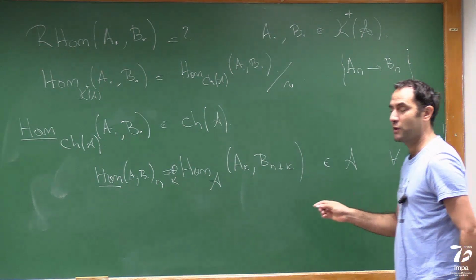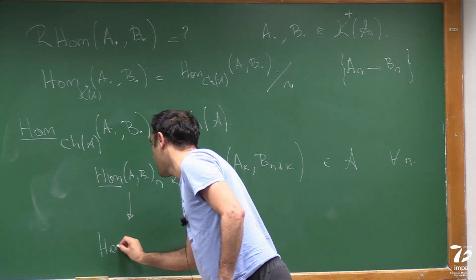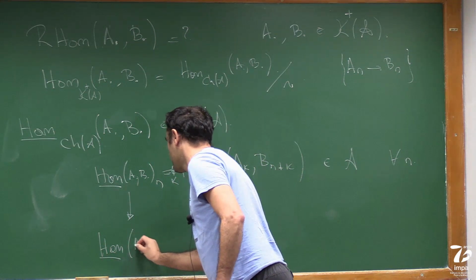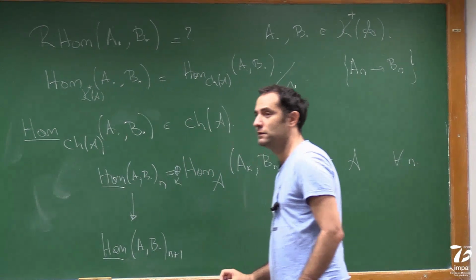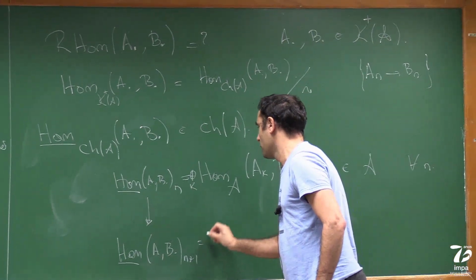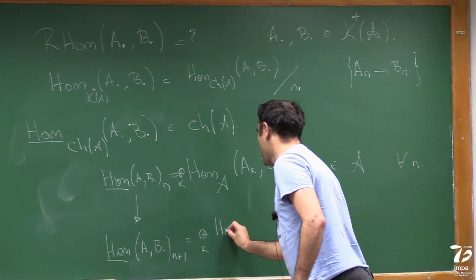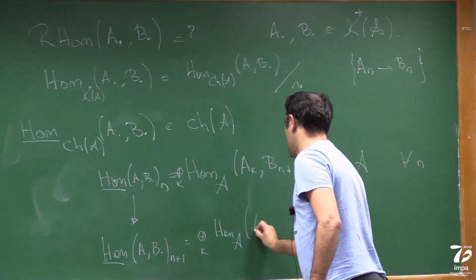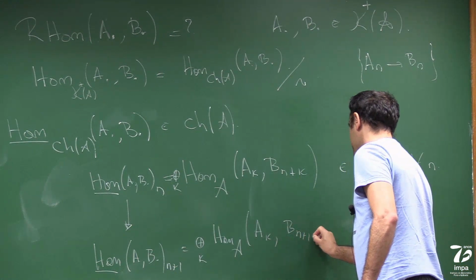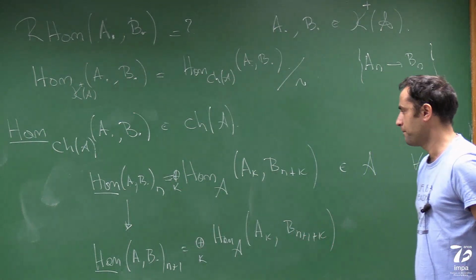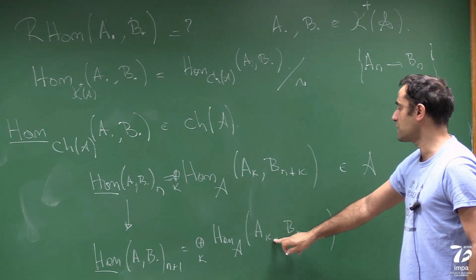So now I need to tell you what the differential is. I need to give you a map to Hom internal A, B in degree n plus 1, which is a sum over K from AK to B n plus 1 plus K. Okay, so there's two differentials that I can take here.